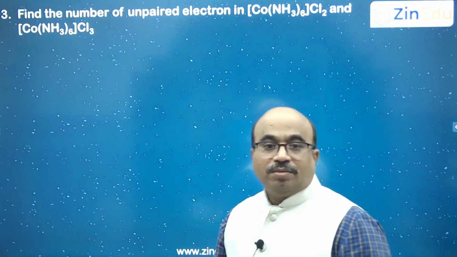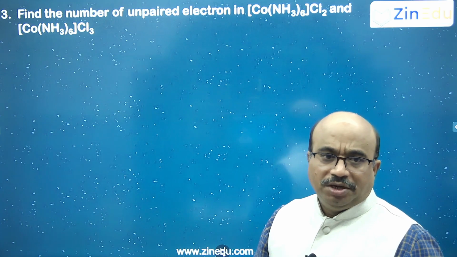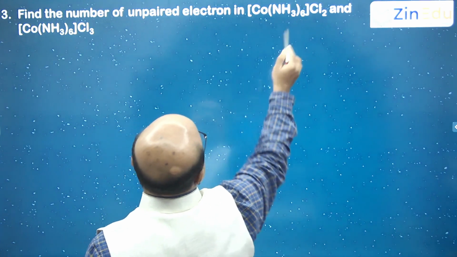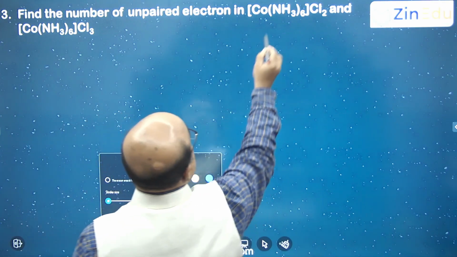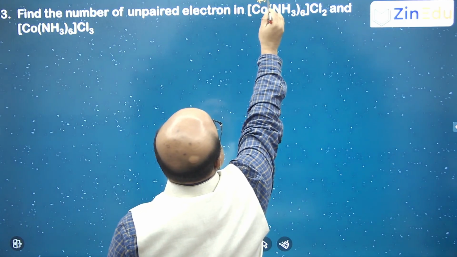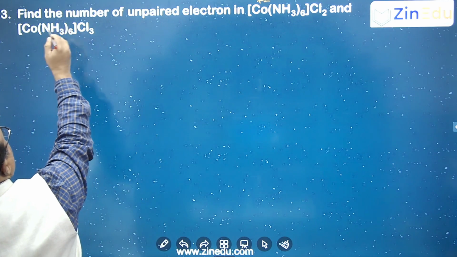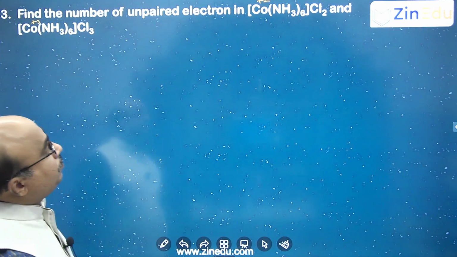Find the number of unpaired electrons in these two. Maybe it's numerical based, some addition may be there. So cobalt, ammonia. Here the cobalt is +2 because this is Cl2. Here cobalt is, let us say, +3.